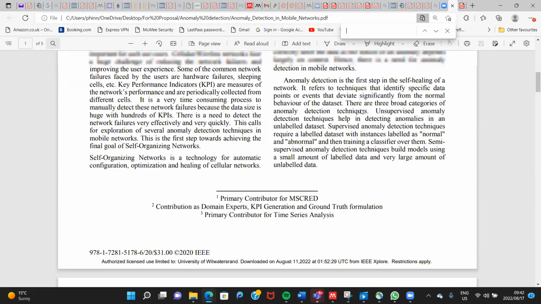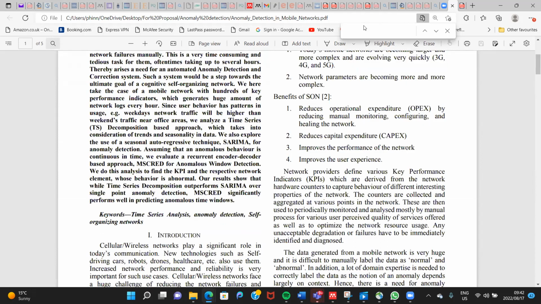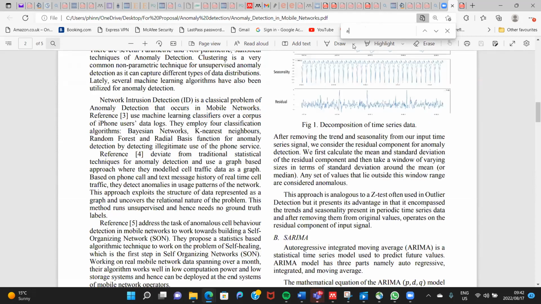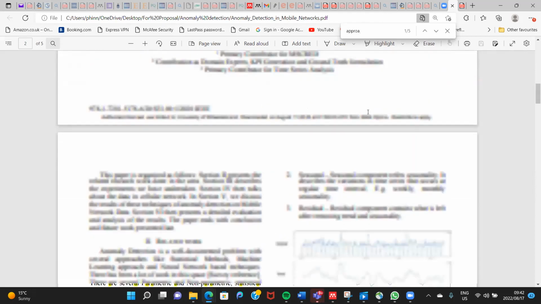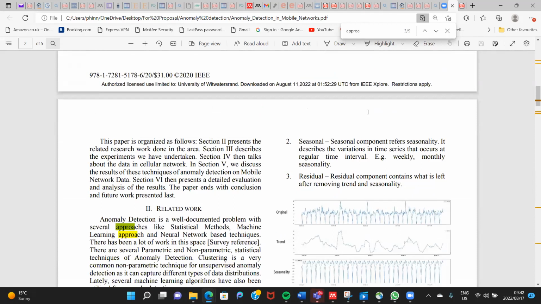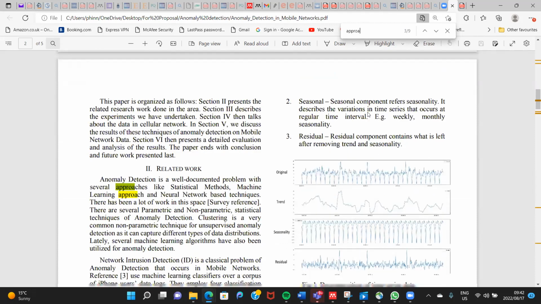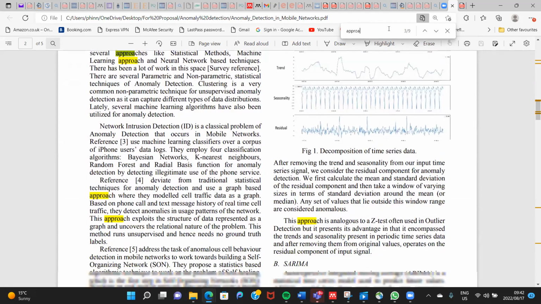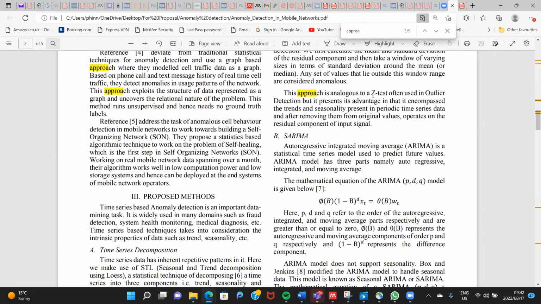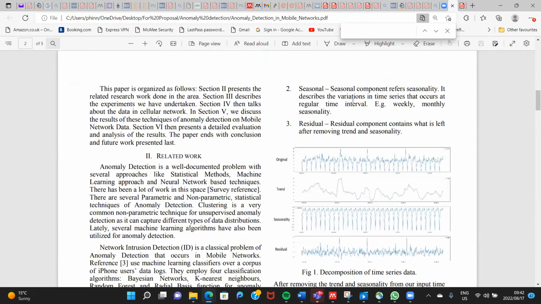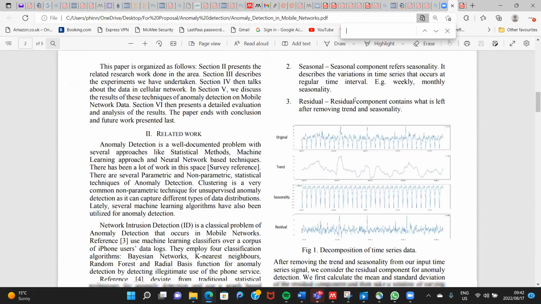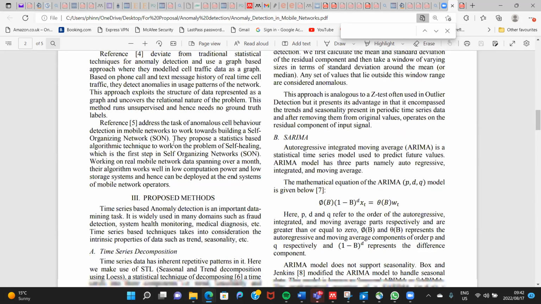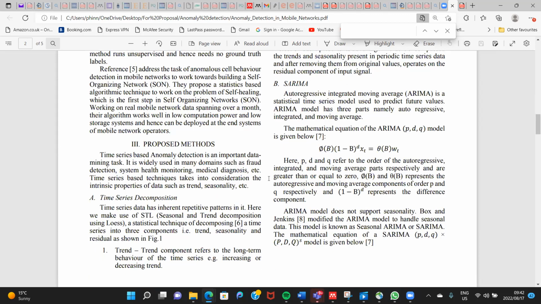Let's use approach. Most of these IE papers have proposed methods. Okay, so we have it here. So time series analysis was done. Time series based anomaly detection is an important problem. The proposed methods, okay, so let's look at it.